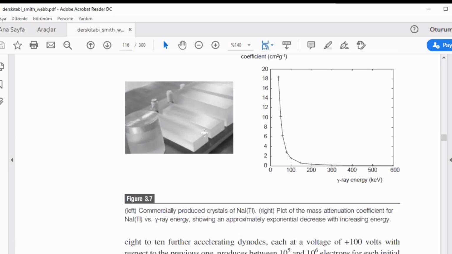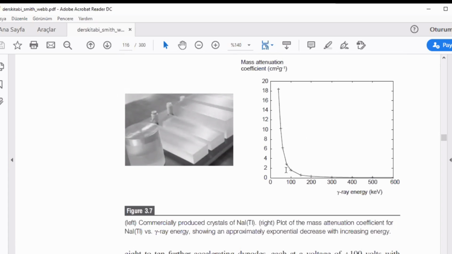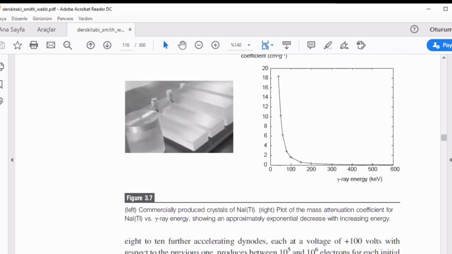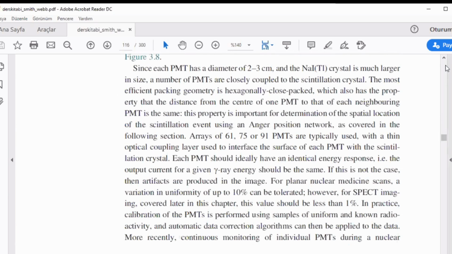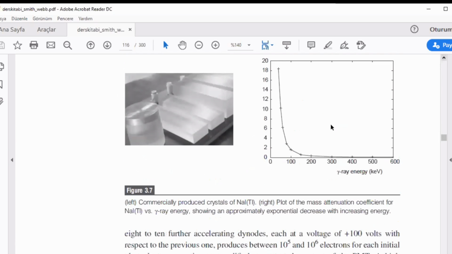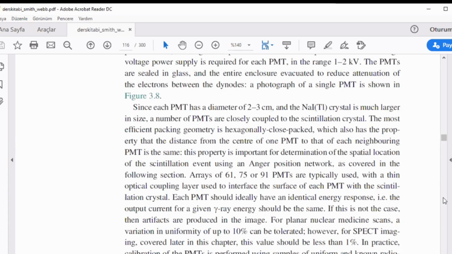Those look like an opaque plastic material, and their mass attenuation coefficient with respect to energy is, as shown, exponentially decreasing. So for technetium at 140 keV, we are here. For PET, we are around here. So you have to consider the energy of the gamma ray photon.